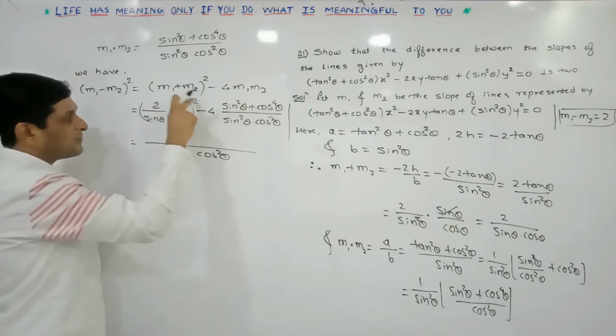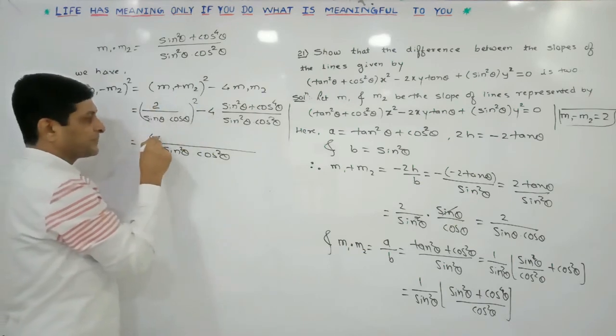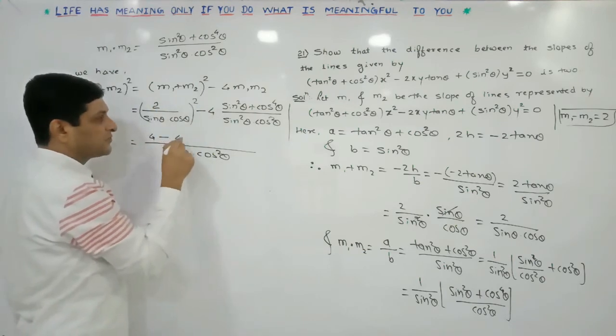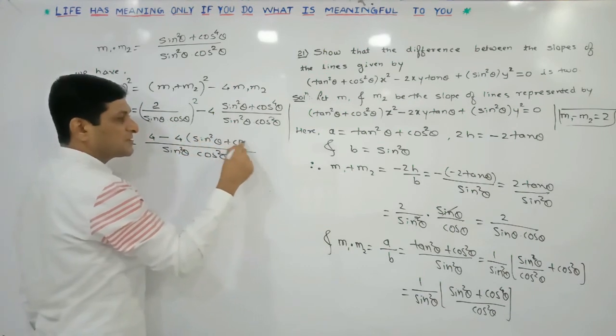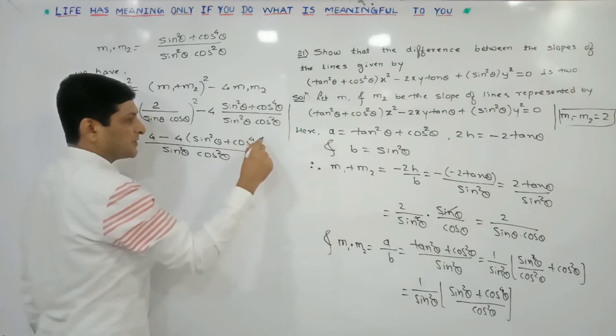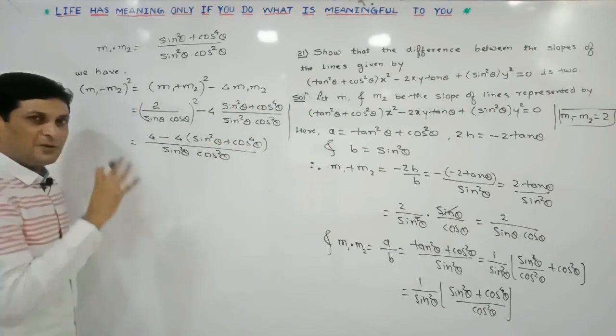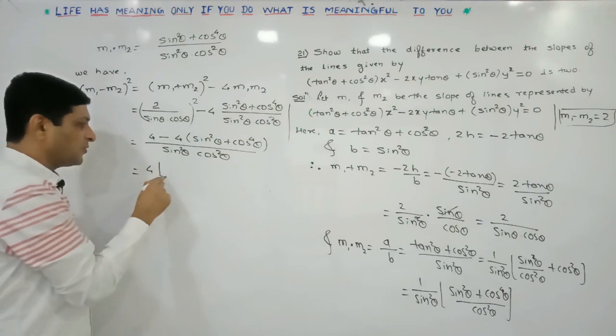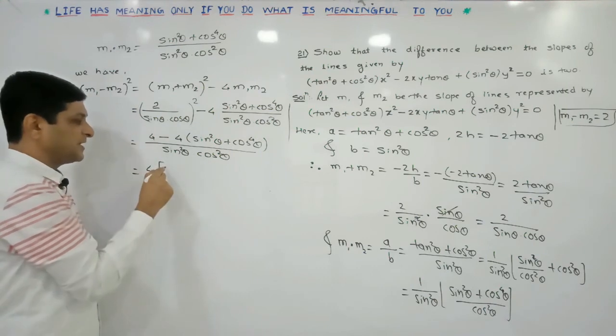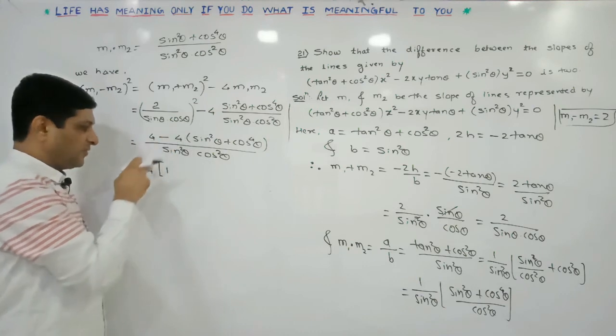What is the numerator of the first term? 2 square means 4, minus, and here the numerator is 4 into (sine square theta plus cos theta raised to power 4). Now can I take 4 common from the numerator? Yes. After taking 4 common, the remaining term here is 1.